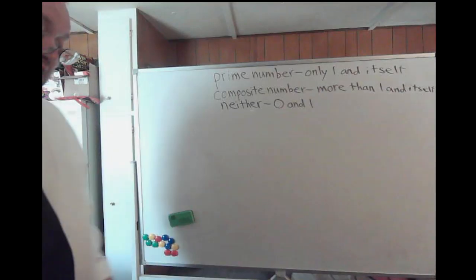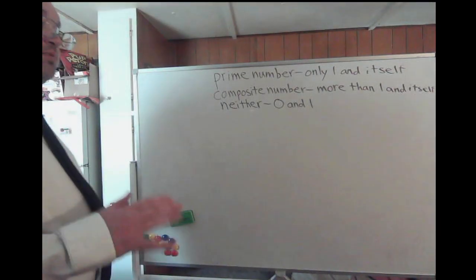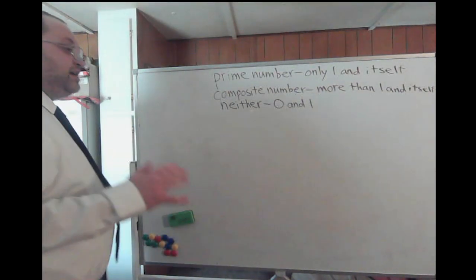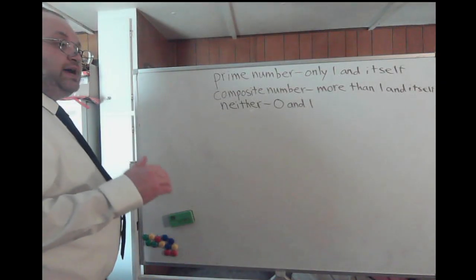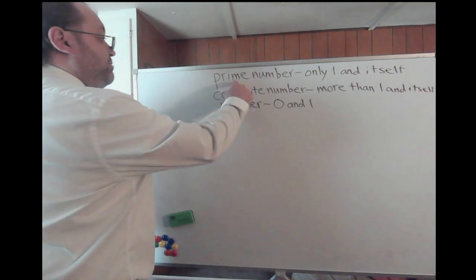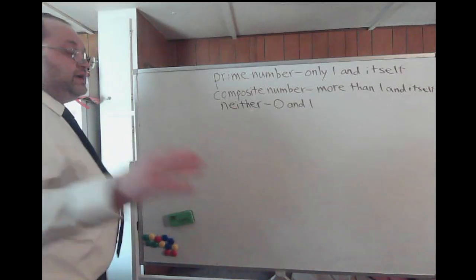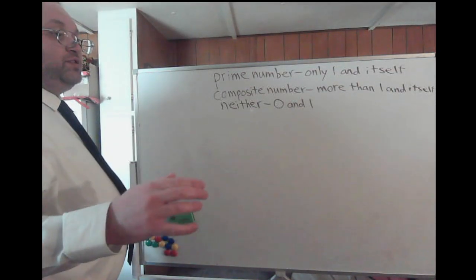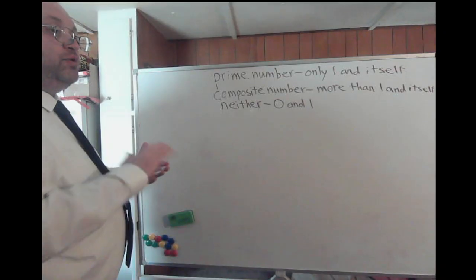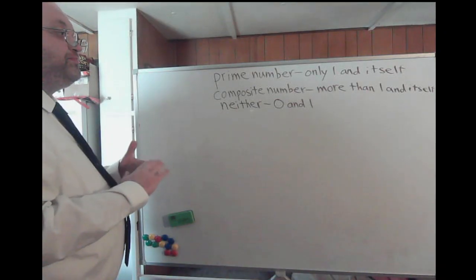So before we get started doing prime factorizations, let's talk about different types of numbers. If we recall from basic math, a prime number is a number that only has one and itself as factors.